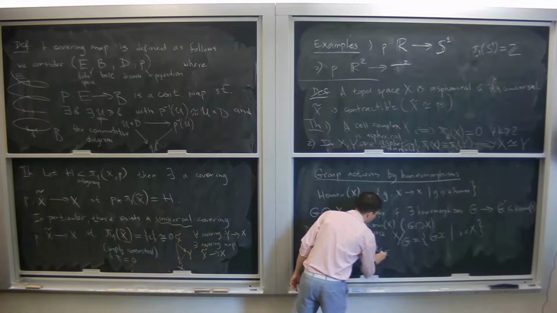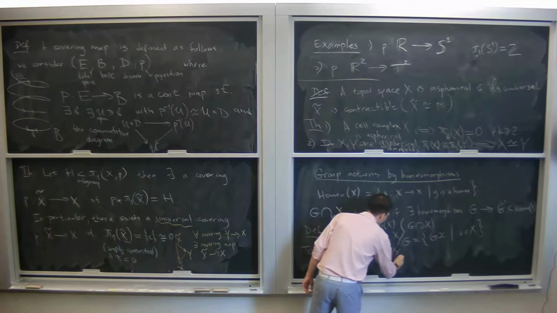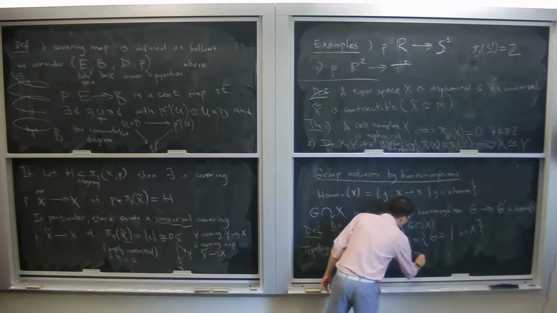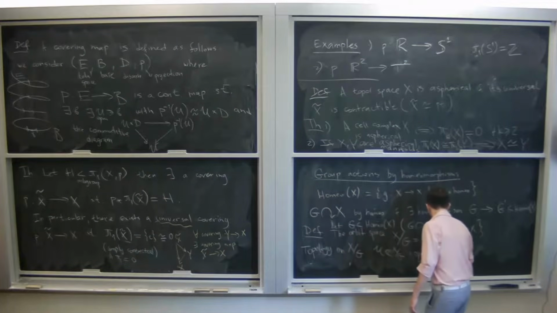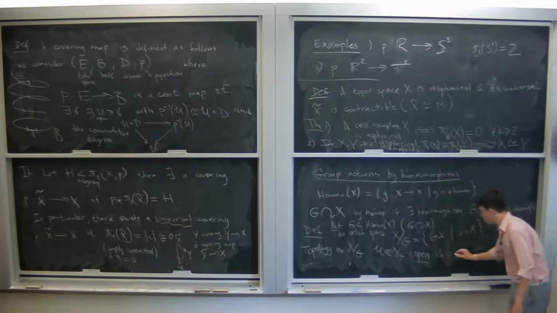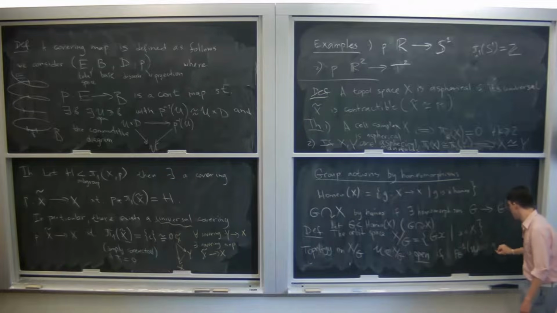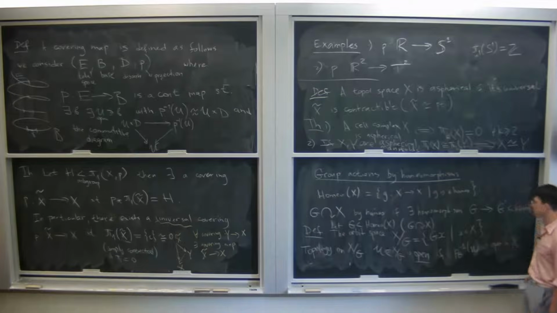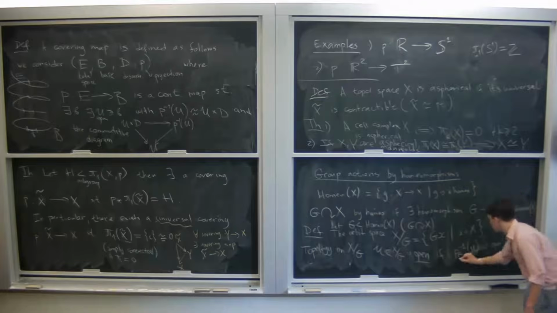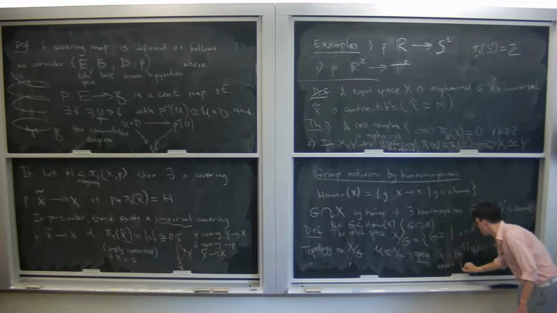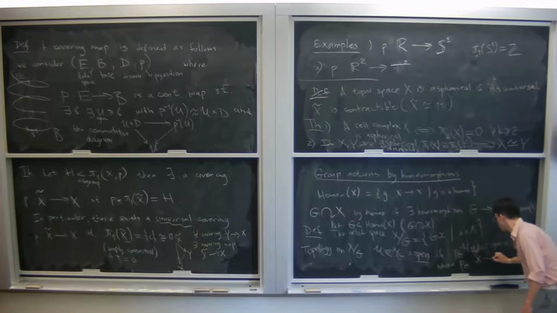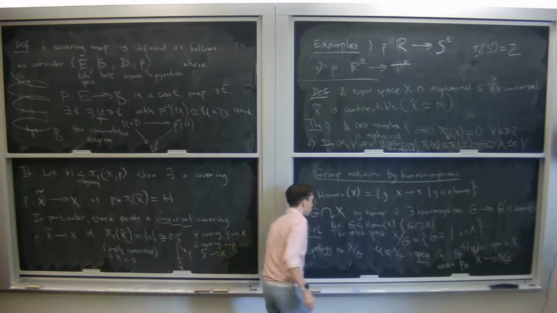A subset U of X mod G is said to be open if the preimage of U is open in X, where I denote the projection map by PG, the projection from X to X mod G. Yeah, I hope that everyone sees this.